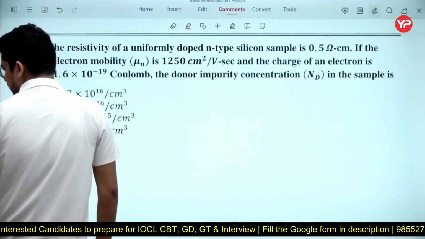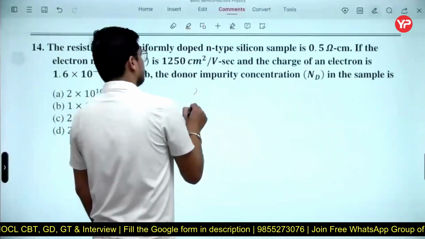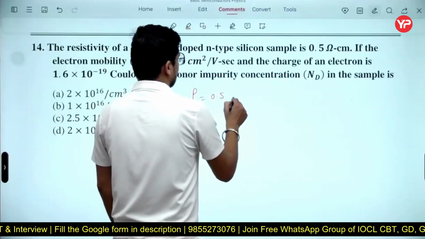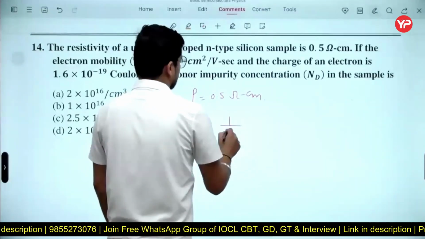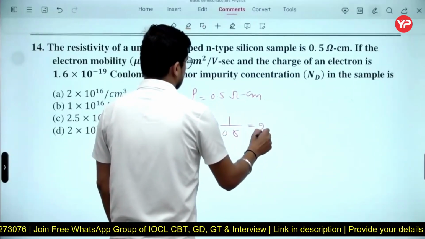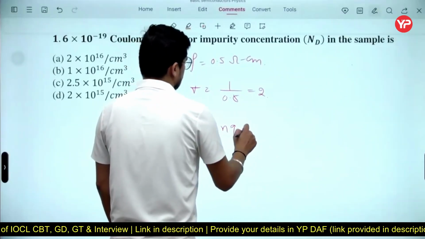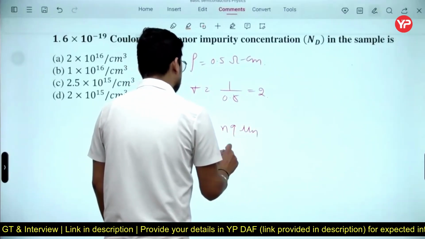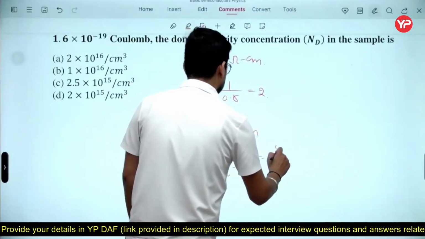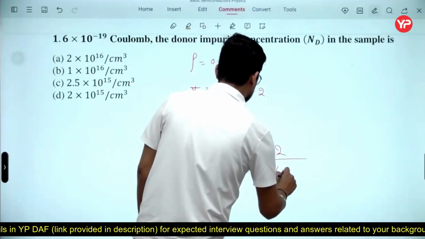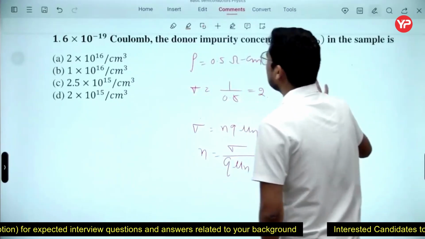The resistivity of the uniformly doped sample, rho, is given to you as 0.5 ohm centimeter, right? The conductivity sigma is 1 over 0.5, that is equal to 2. And as we know, conductivity is n q mu n. So n we have to calculate as sigma by q into mu n, where sigma is the conductivity, q is 1.6 into 10 raised to power minus 19, and mu n is the mobility.